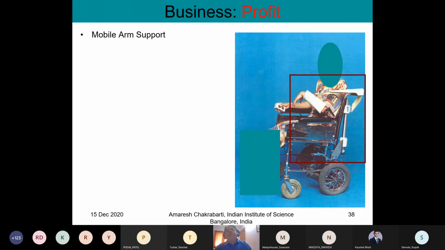So in order to help them do their daily work, I was part of the team where we developed a mobile arm support. You see the arm support at the back of the wheelchair, the metallic rod that you see, that's a screw that rotates inside when a motor is operated at the bottom.